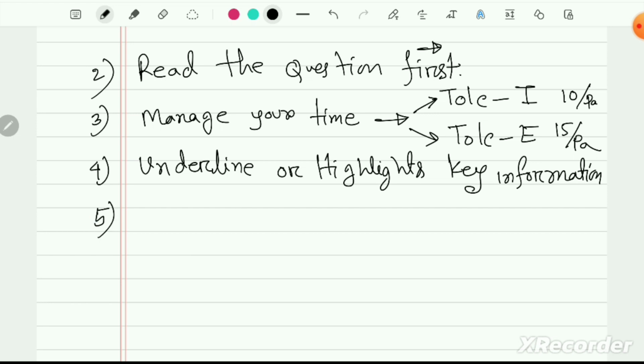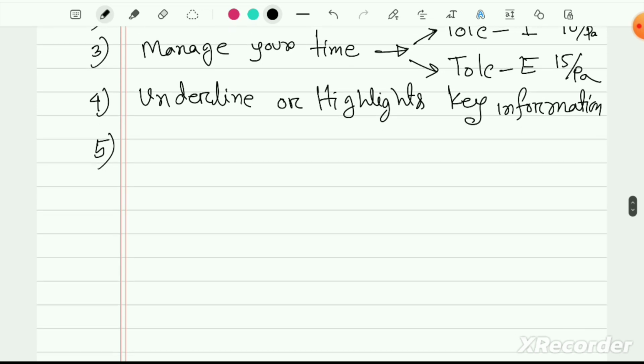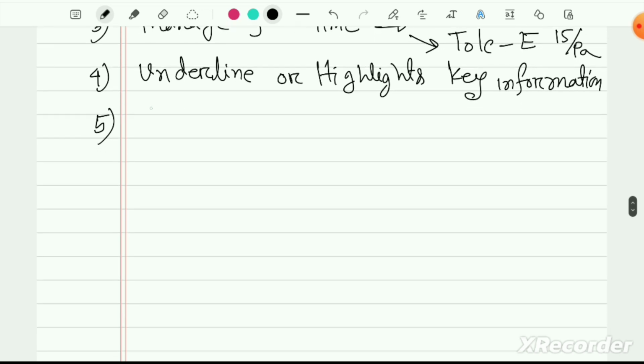Number 5, identify the type of questions. These points in TOLC-I or E may not be required because it's very straightforward, a passage and only 5 questions. Although it's not an important point here, I'm just writing it for those of you who wish to sit for the IELTS exam, where it's important.